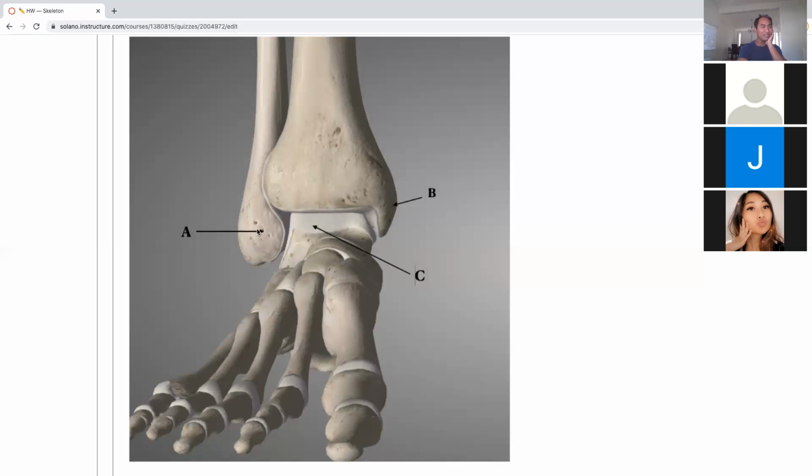In between the 2 malleoli, malleoli being the plural, we have the bone in the center, which is the talus, T-A-L-U-S. This forms the ankle joint. So in between the tibia and fibula, the lateral malleolus and medial malleolus, the bone in the center is called the talus.